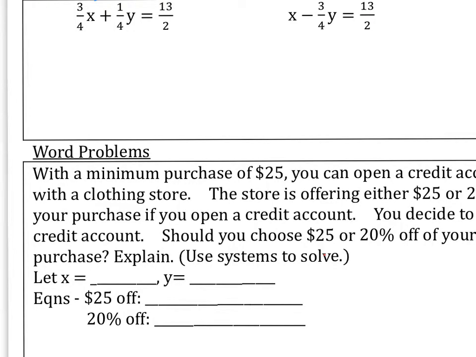Okay, for the next one, I'm going to also use the x and y intercepts to graph, but first I'm going to simplify my equations by getting rid of the denominators. So between 4, 4, and 2, the LCD is 4, so I'm going to multiply every single term by 4. So this will become 3x plus y equal to 26.